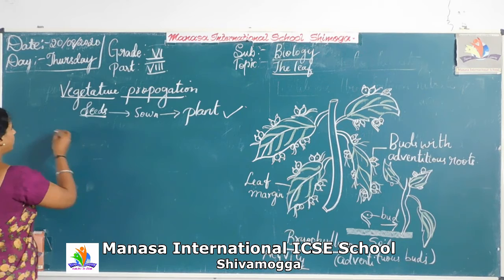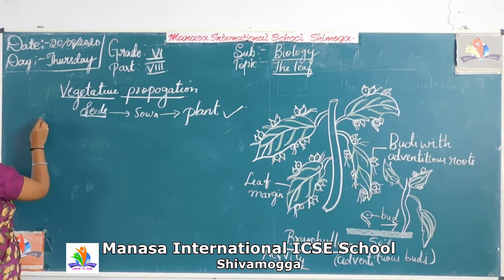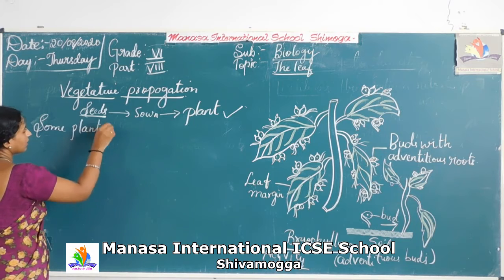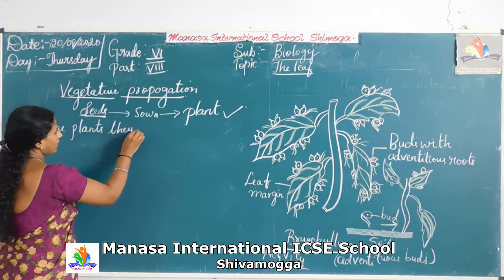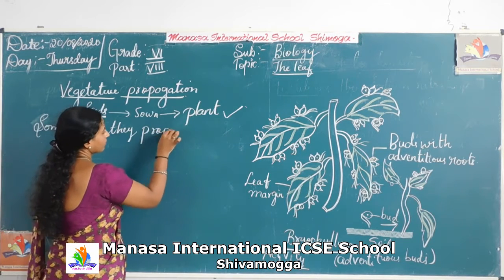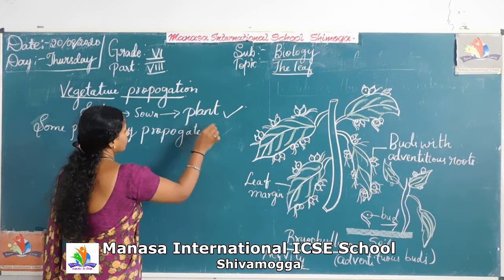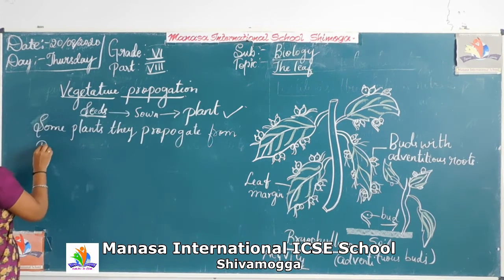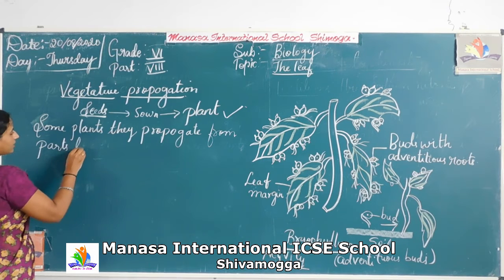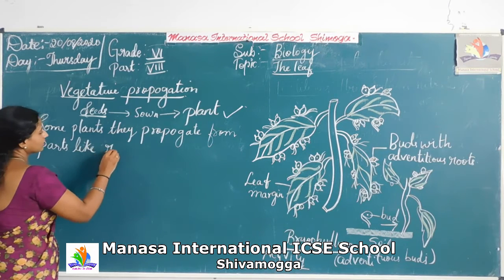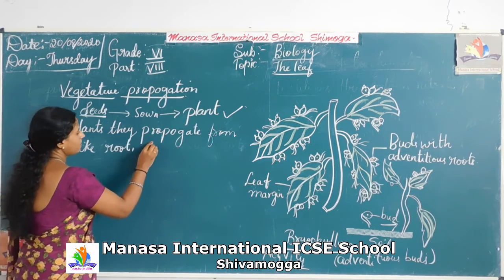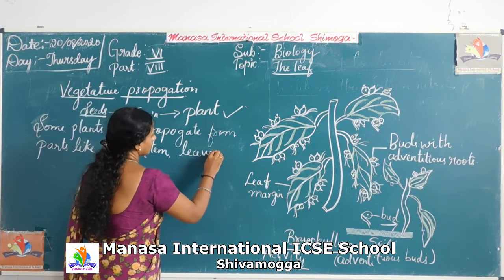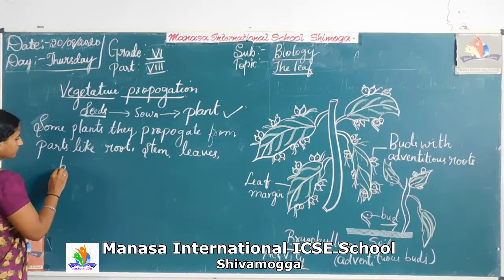Some plants propagate from different parts, like root, stem, leaves and buds.